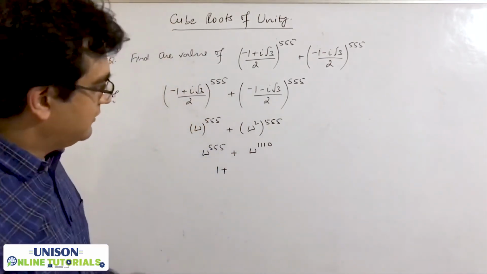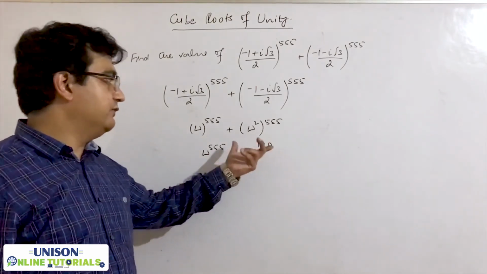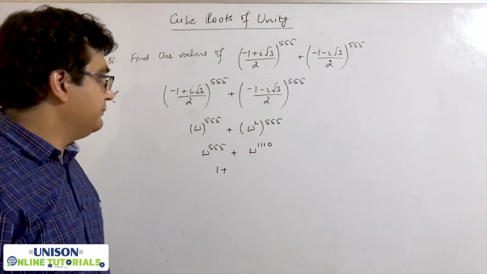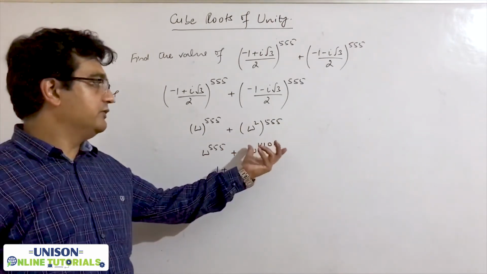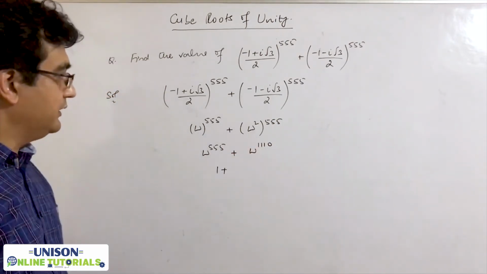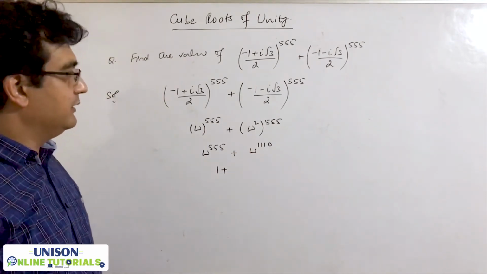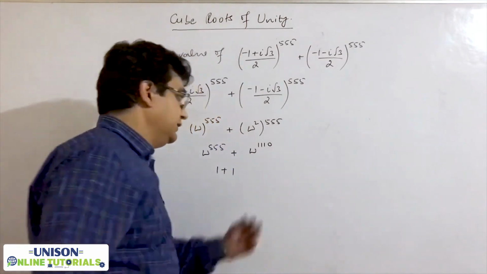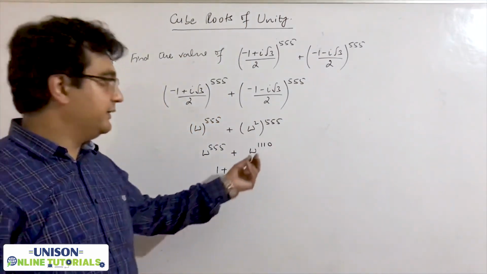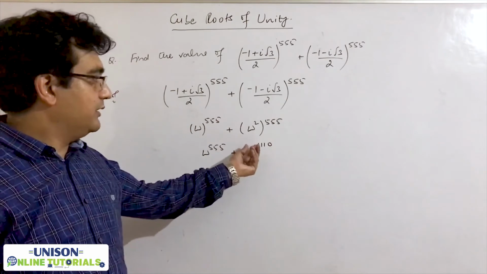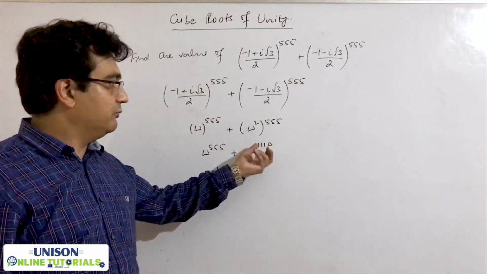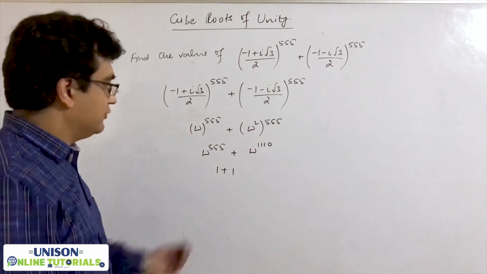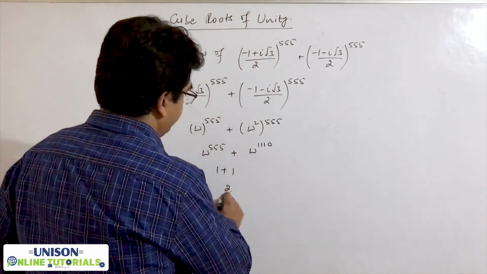Plus, now when I divide 1110 with 3, what will be the remainder? The remainder will again be 0. So it is completely divisible by 3. That means the power is a multiple of 3, so 1 will come, this is also a multiple of 3, so this will also be 1. So 1 plus 1 is 2.